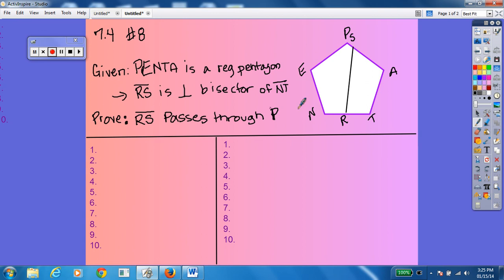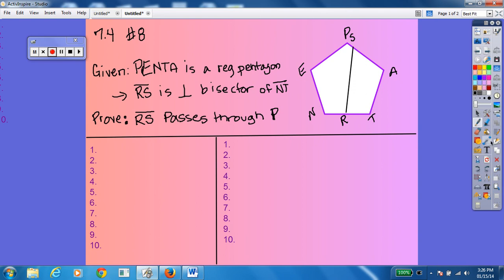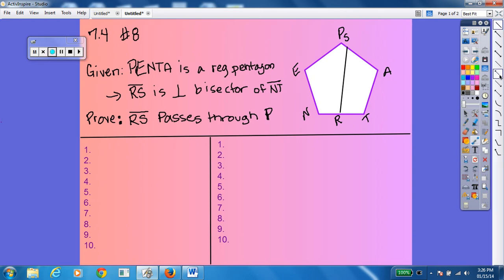So first I'm going to write my givens, and I'm also going to add some lines in. Because if I really want to be able to prove that this is a perpendicular bisector, if I have an isosceles triangle, and this is perpendicular, and it bisects, it's the perpendicular bisector to the base of your isosceles triangle. So that's what I'm going to use.